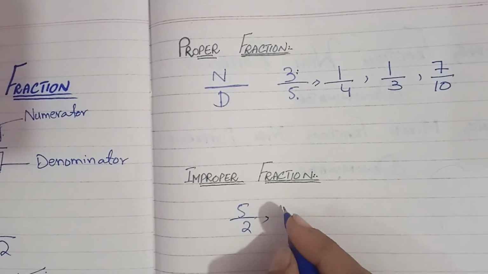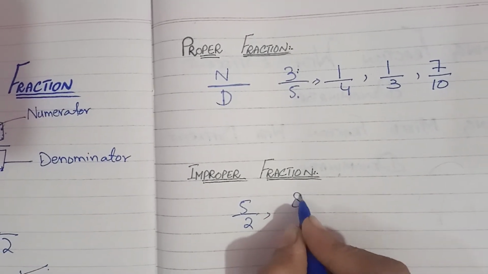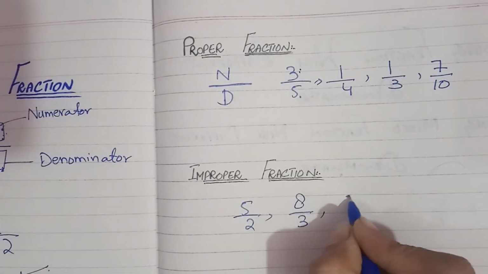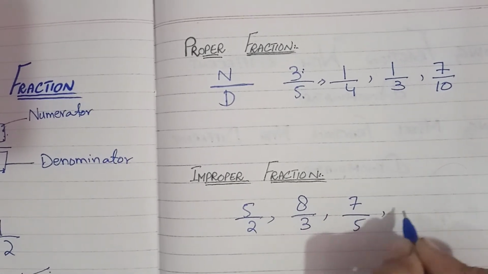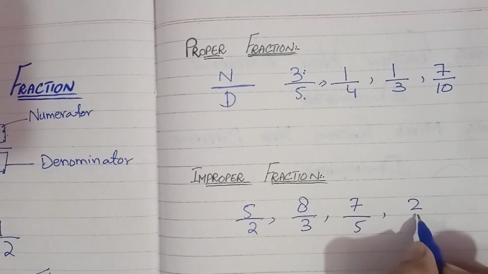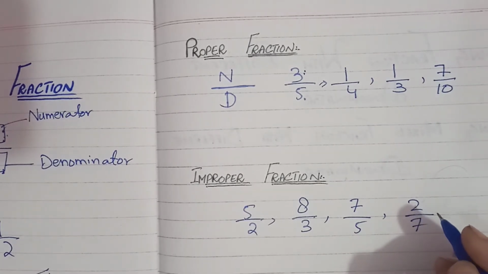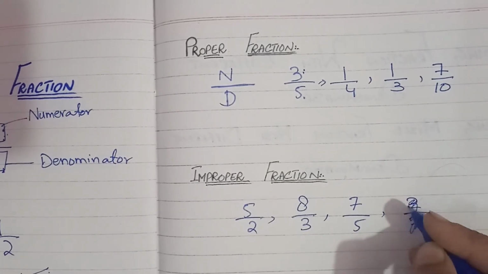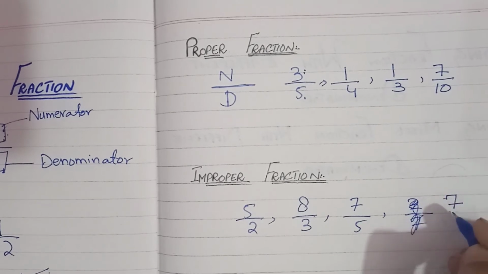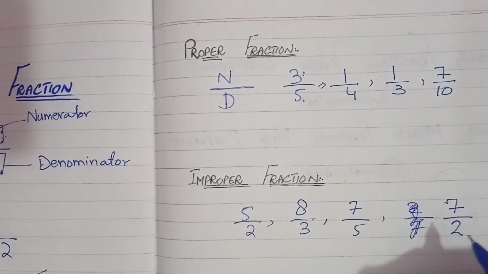Let me explain more examples. 8 upon 3, 7 upon 5, 7 upon 2.